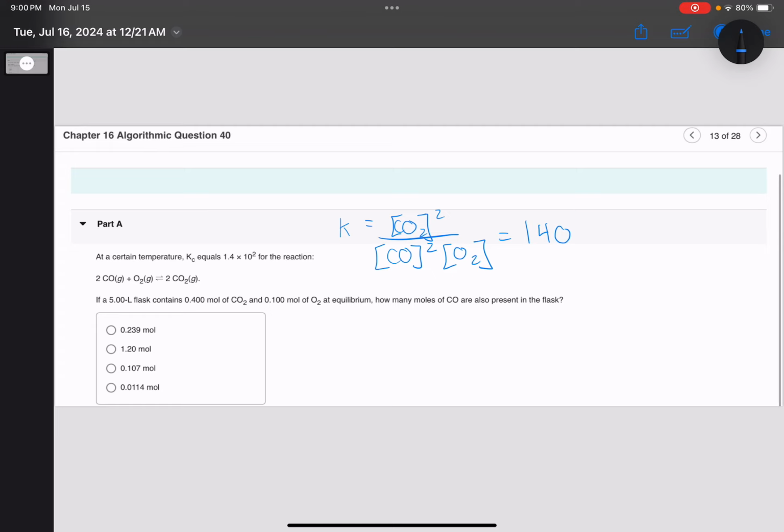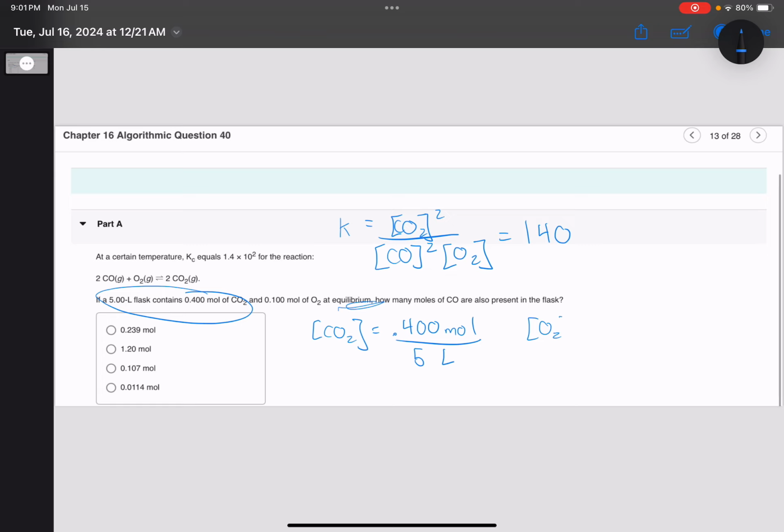And they tell us this is at equilibrium, so we don't actually have to do an ICE table. These are already equilibrium values. The thing that's confusing here is that they give it in terms of moles and liters instead of giving it to you in molarity already. So the concentration of the CO2 is 0.4 moles per 5 liters.